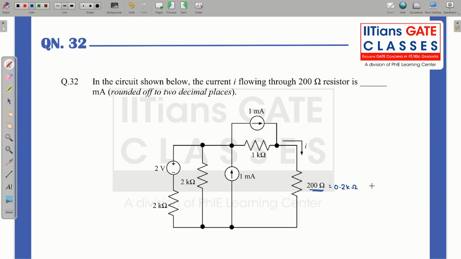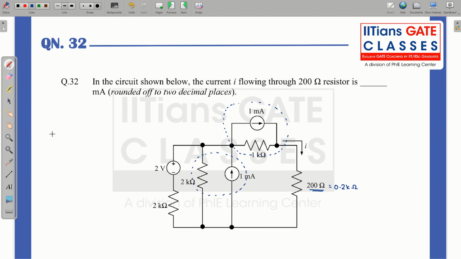So now you can see I can convert this practical current source to a practical voltage source, and this current source as well. These two practical current sources, I can convert to practical voltage sources.